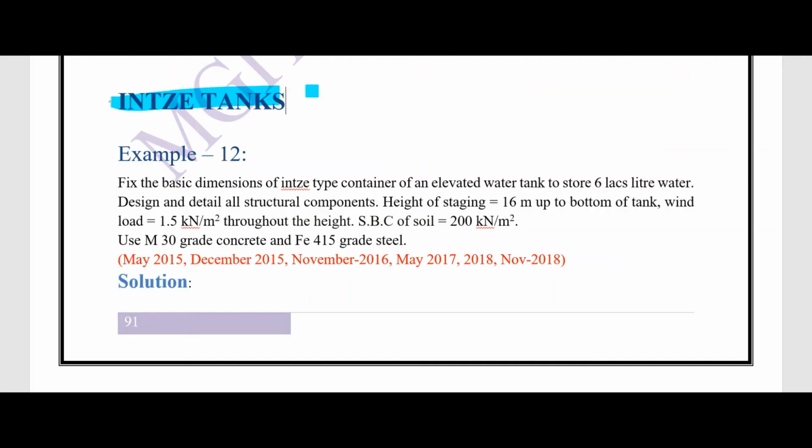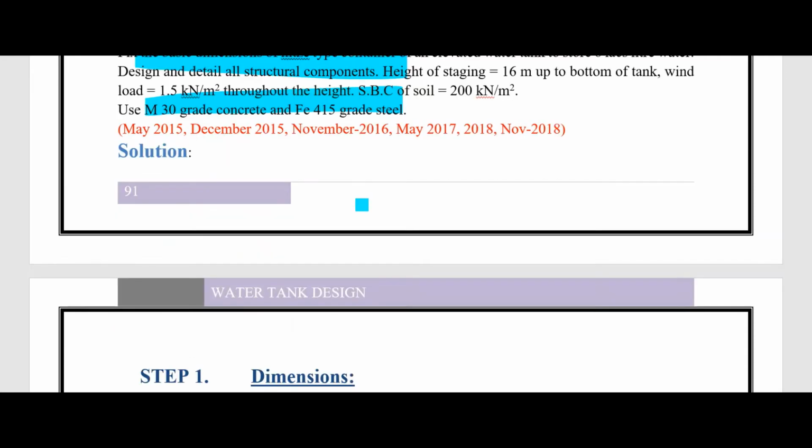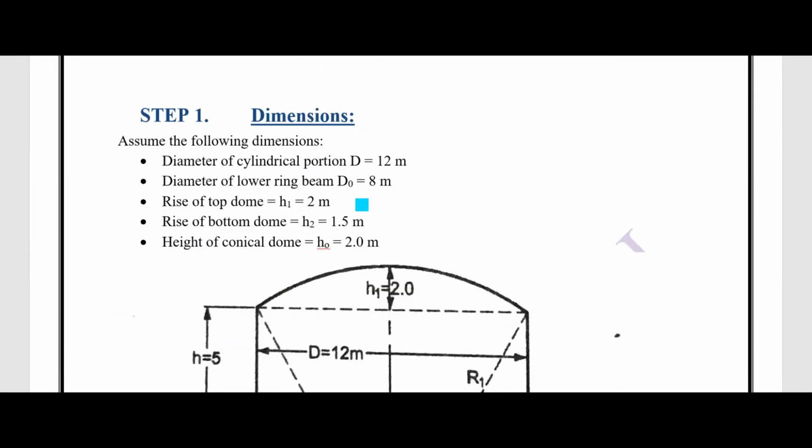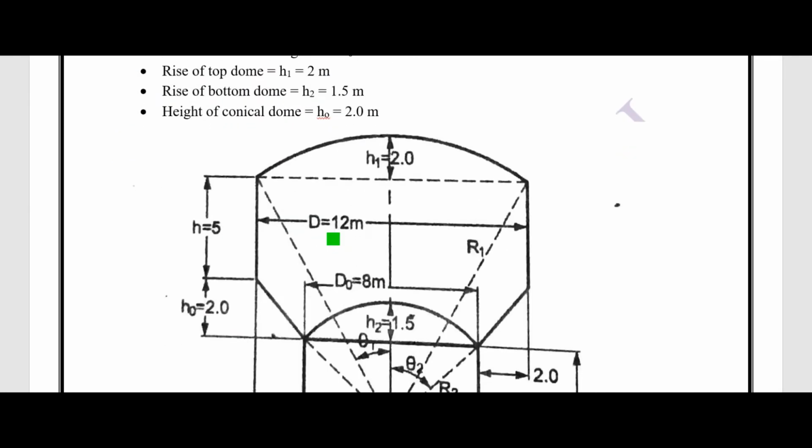Intze tank, same example. I will not read it out. Now first of all we have to fix the dimensions, the same step as in a circular water tank, but we have some assumptions. Following dimensions we assume: the diameter of the cylindrical portion, which means this portion.